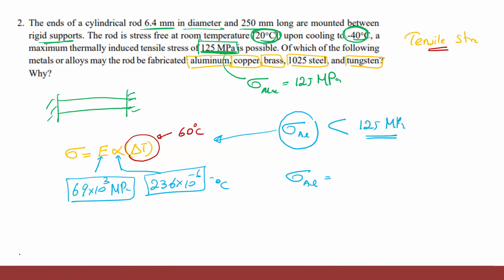I get 97.7, am I right? 97.7. 0.9 or 69 times 10 to the power... So I have it as 69.